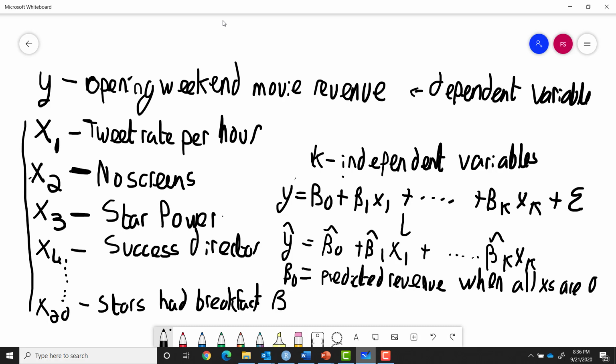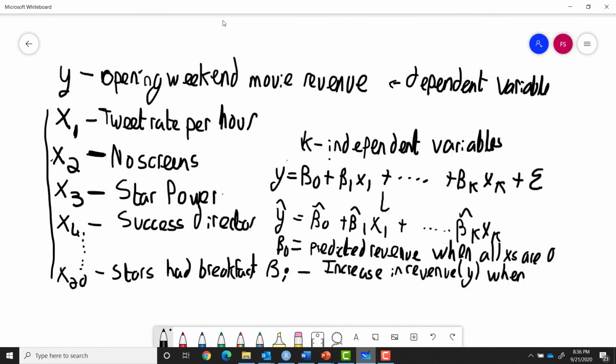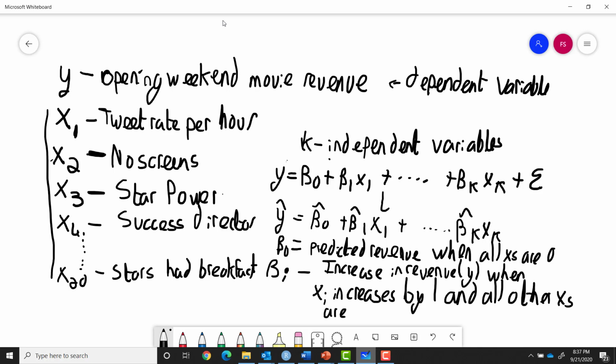And beta i, as we'll call it, is the increase in revenue, or the increase in y, when xi is increased by 1, and all other x's are held constant.